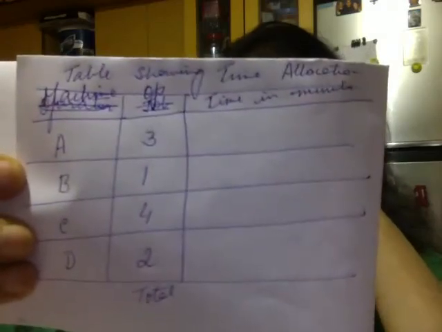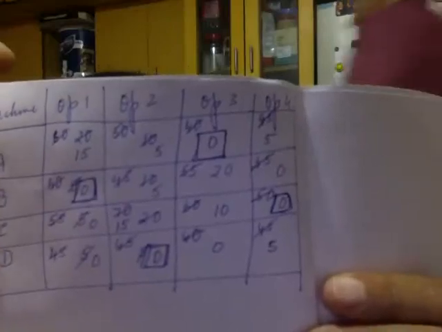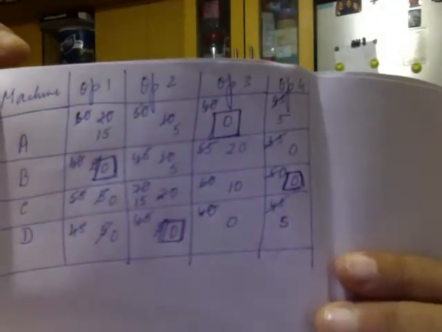Now here, operator 3 originally had how many minutes? A gets 3. The original minutes there were 40. So I write here in time in minutes, 40.